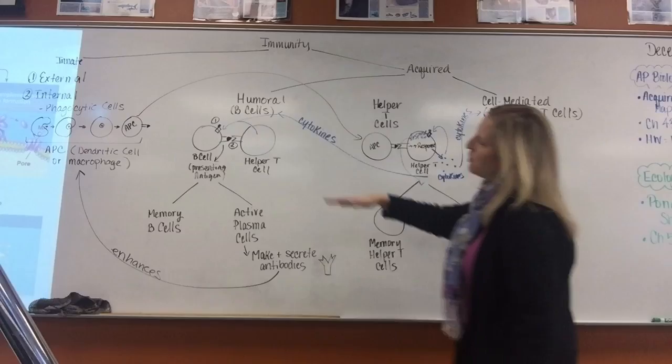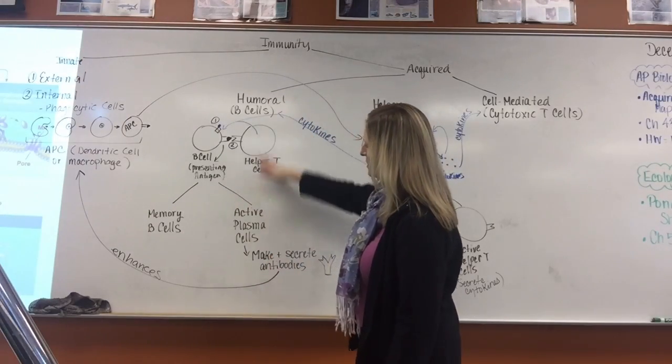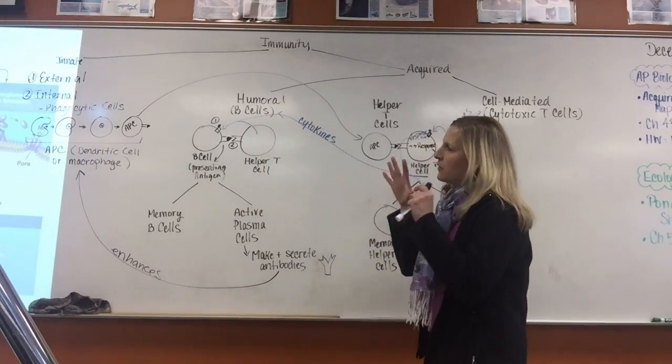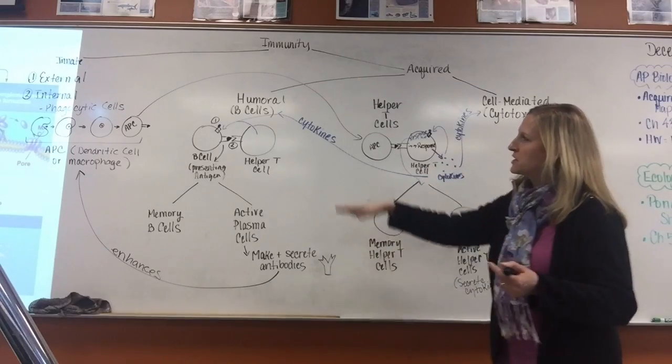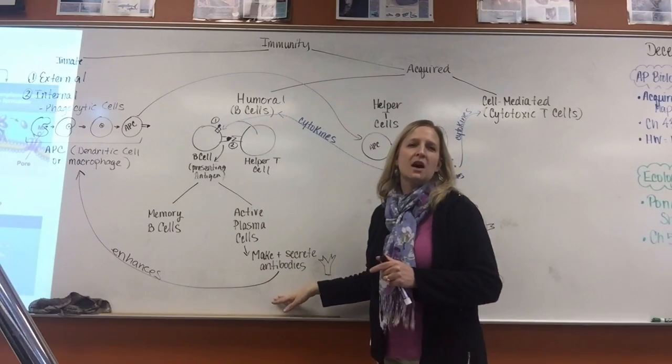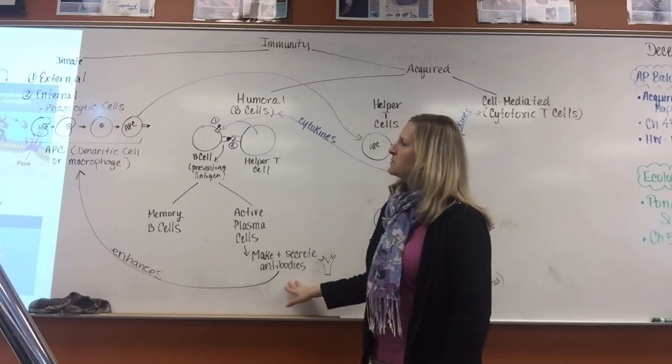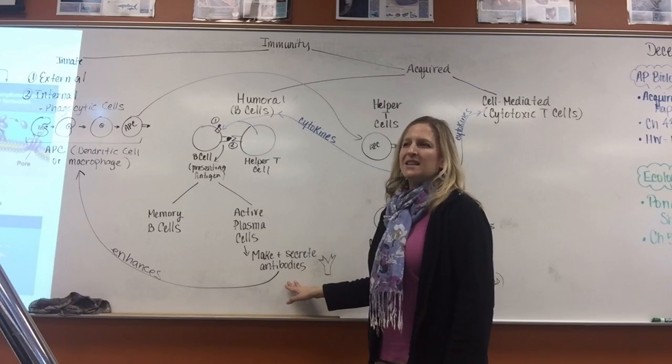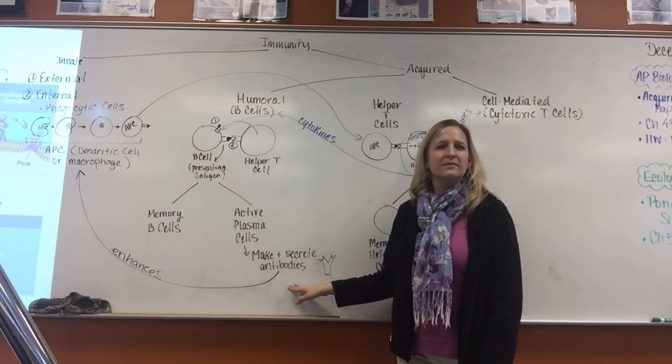So in this humoral or B cell part of the immune system, if we were to say the big picture, what does this part of the immune system do? What does it attack?